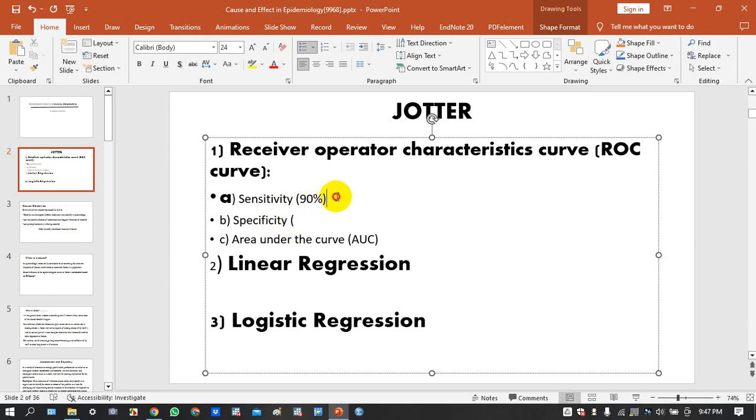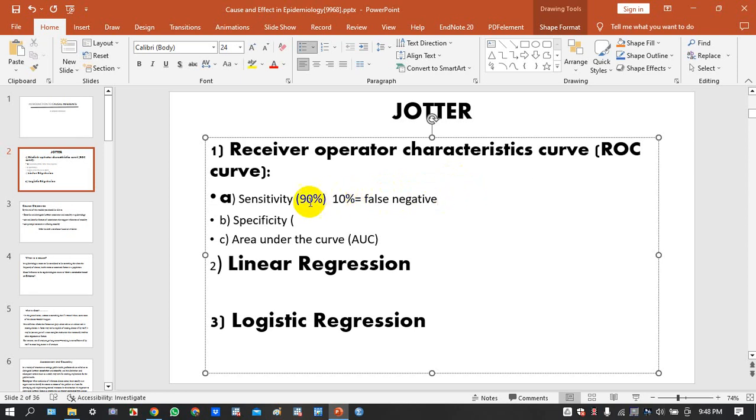So that means that 10% will be false negative. So 10% will be what? False negative. It's supposed to be positive, but it's negative. That means 10% is false negative, meaning that the 10% of the test kit is faulty. It is faulty, so it's not able to give you the positive results.